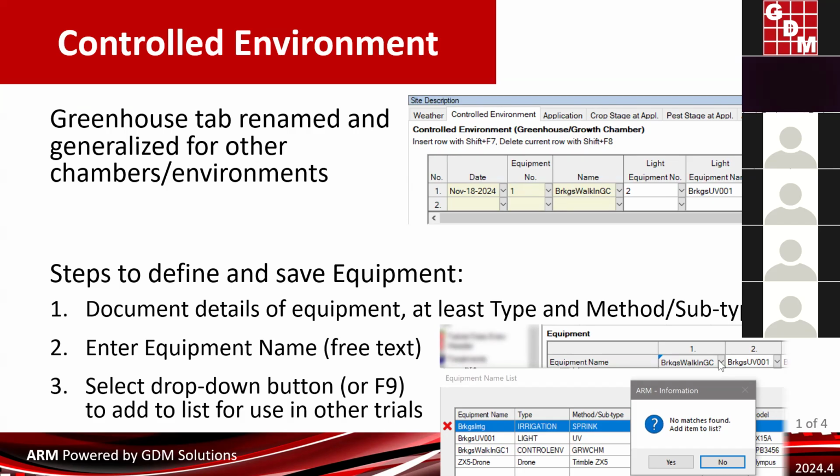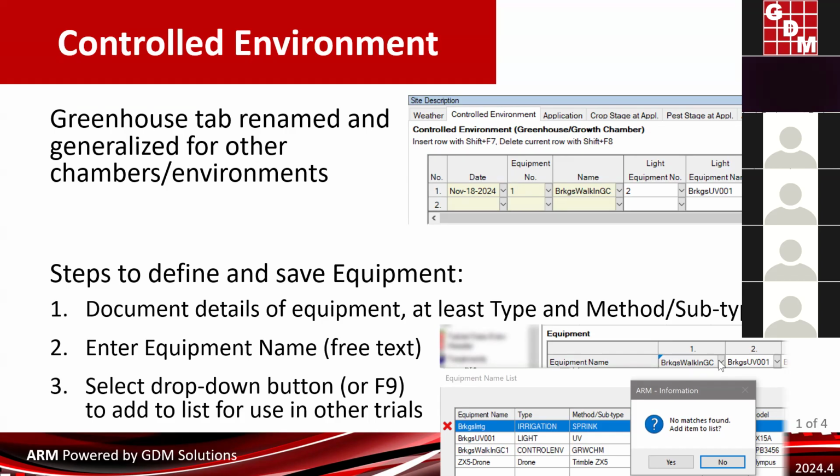Along with that renaming, we overhauled how some of the information is filled in on this section. And the main idea is that this section goes hand in hand with the equipment that's in the study.